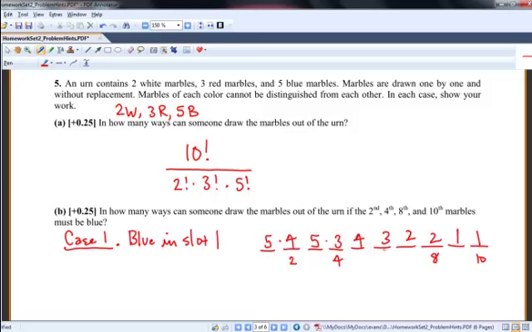So I end up with, if I have a blue in slot 1, the number of ways I can do it with the blue starting out is 5 factorial times 5 factorial. And then I still have to divide out identical blues and reds, so 2 factorial times 3 factorial times 5 factorial.